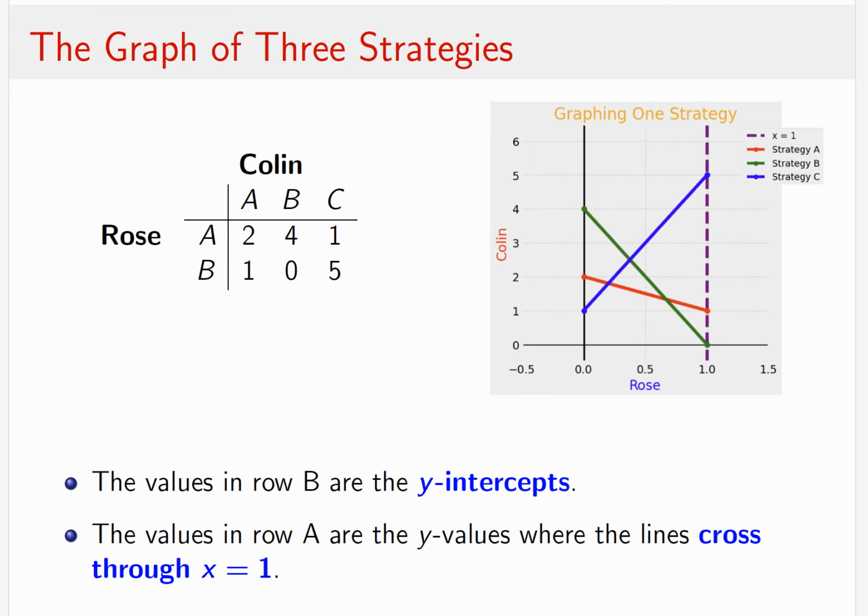So we're going to graph the three strategies the same way. Notice that we're going to put 2, 4, and 1 as the y values with the x coordinate of 0, and then 1, 0, and 5 as the y values where the x coordinate of the point is 1. And that gets all the values in the right places.